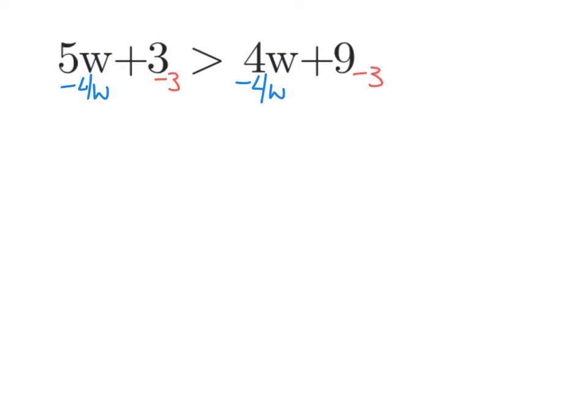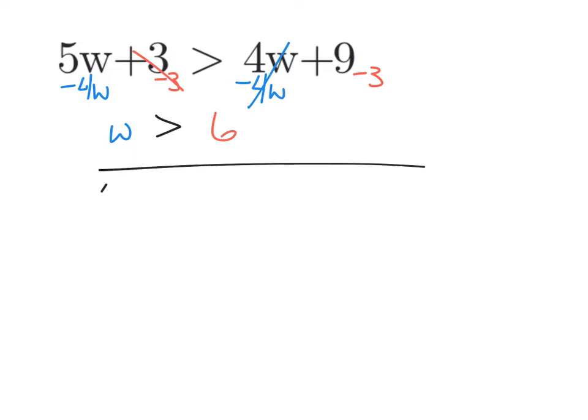So with the w's, 5w minus 4w is w. On the right side, the 4w minus 4w cancels. And for our constant terms, 3 minus 3 cancels, and 9 minus 3 is 6. We didn't do any multiplying or dividing, so that greater than symbol stays greater than.